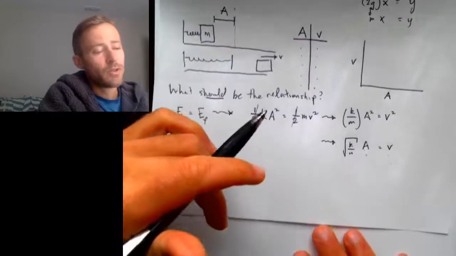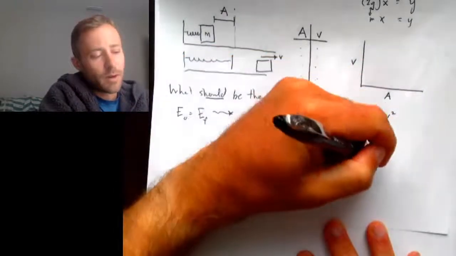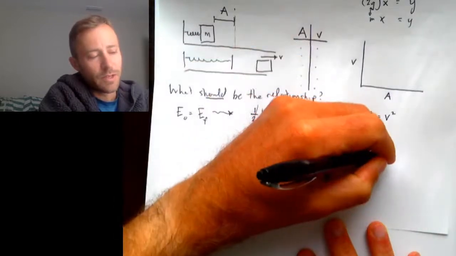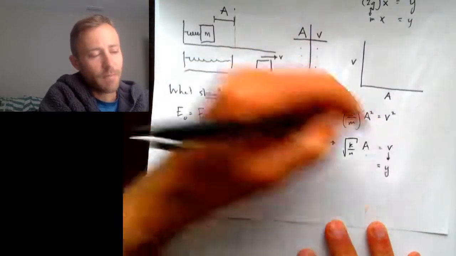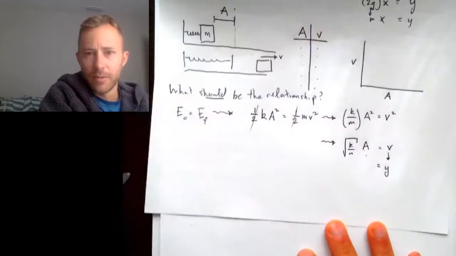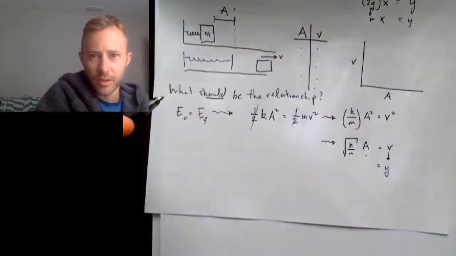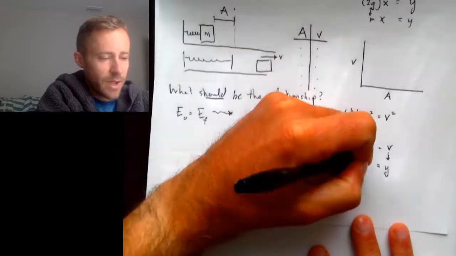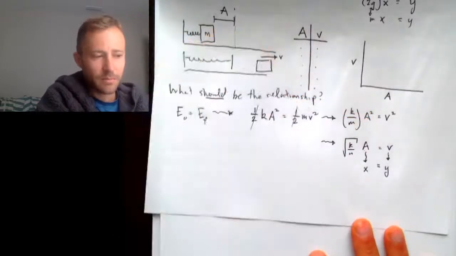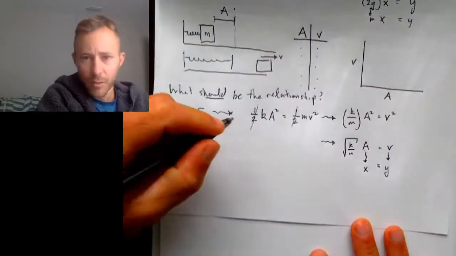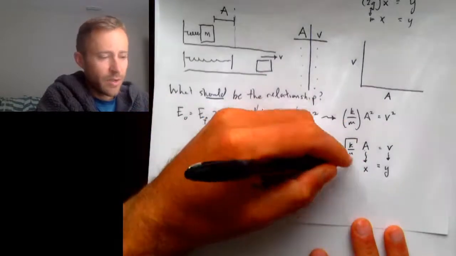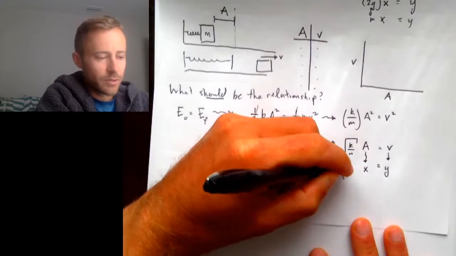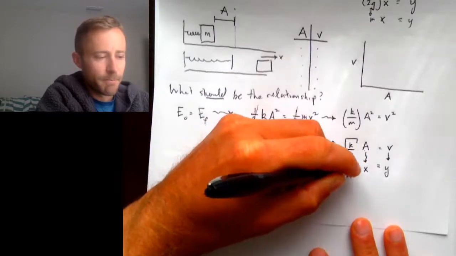Okay, so I have v on the vertical axis, so v is kind of like y, and then I have initial compression, a, on the horizontal axis, so a is kind of like x. So I replace a with x, and then the thing that's multiplying x is the square root of k over m.